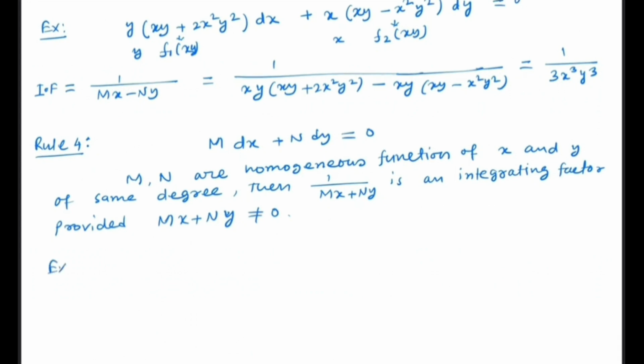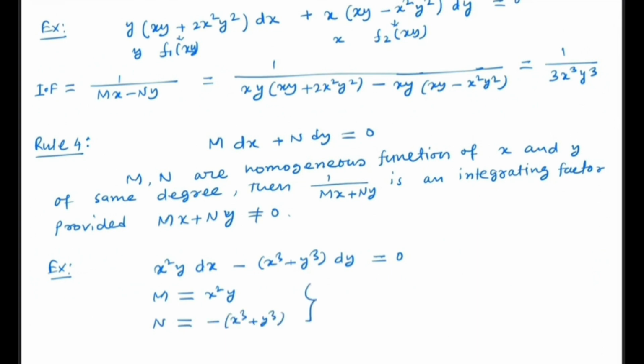Okay. Take an example. So suppose x squared y dx minus (x cubed plus y cubed) dy is equal to 0. So note that here M is nothing but x squared y and N is minus (x cubed plus y cubed). So note that both M and N are homogeneous of degree 3.